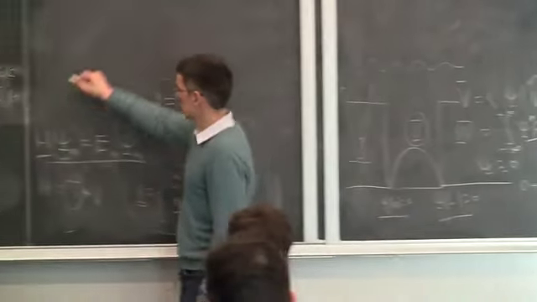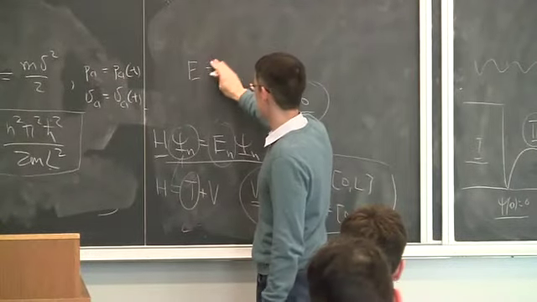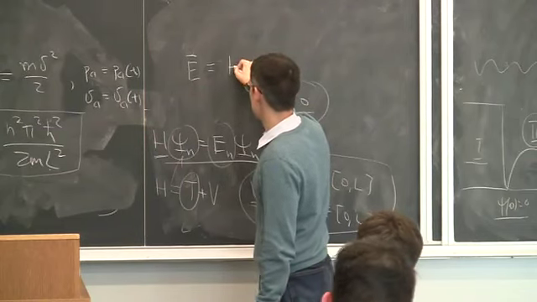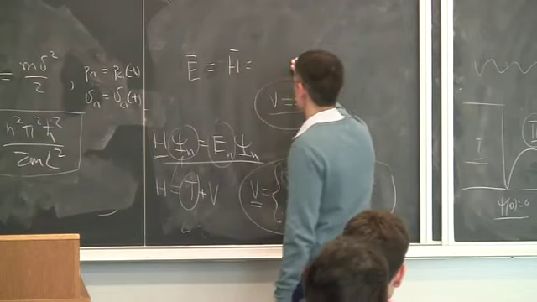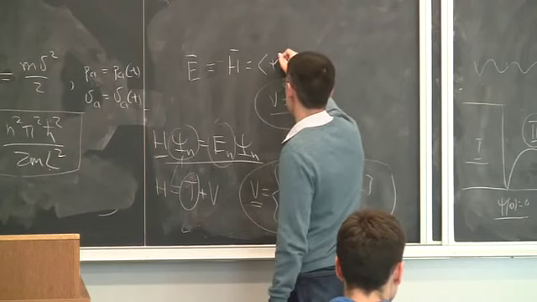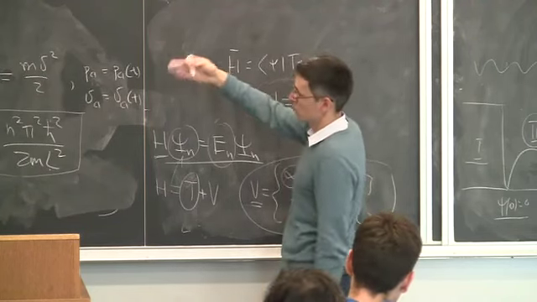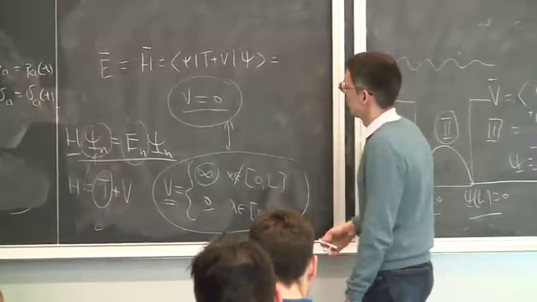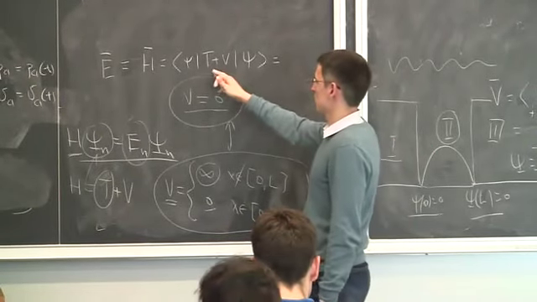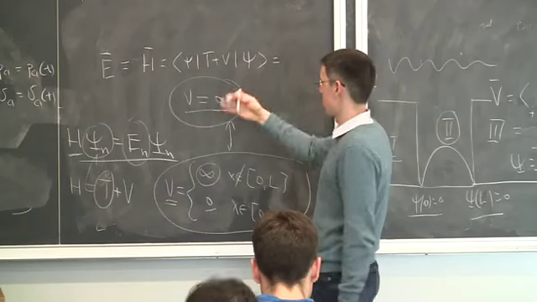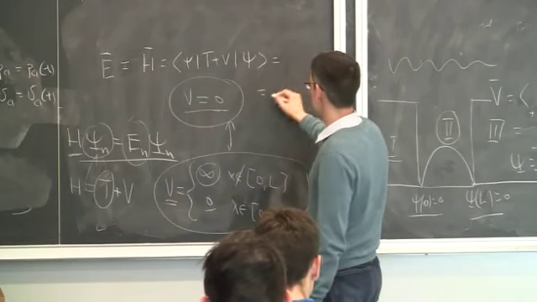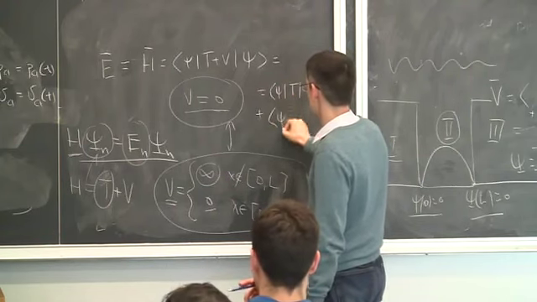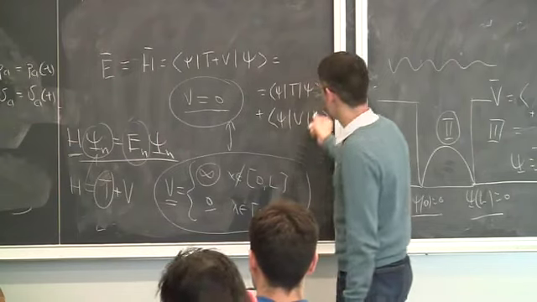And so we know that any average energy you can always write as the average of the Hamiltonian, right? What is this? It's psi, T plus V, psi. Now we substitute the Hamiltonian by T plus V. And since the integral of a sum is equal to the sum of the integrals, we can write this as psi T psi plus psi V psi, and this is 0.